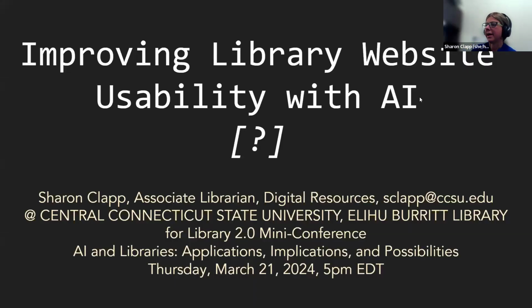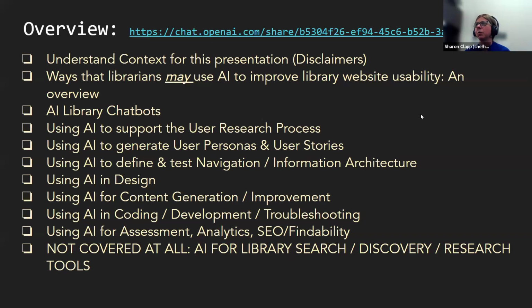All right, improving library website usability with AI. I wanted to give you a little overview of what we'll try to cover today. I don't know that we'll have enough time, so I'm going to give you some context for the presentation so you understand the limitations of what I'm going to talk about. We're going to talk about ways that librarians may use AI to improve library website usability.